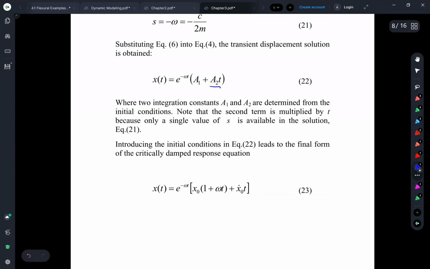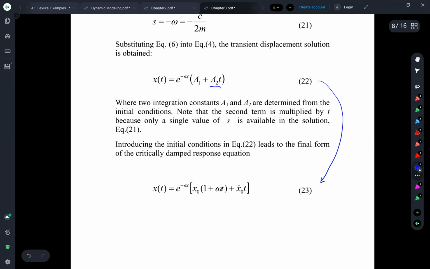Introduce 22 back into the, I think, equation of motion, which leads to 23, where the x(t), I'm sorry, this one is already introduced from 22 to 23.